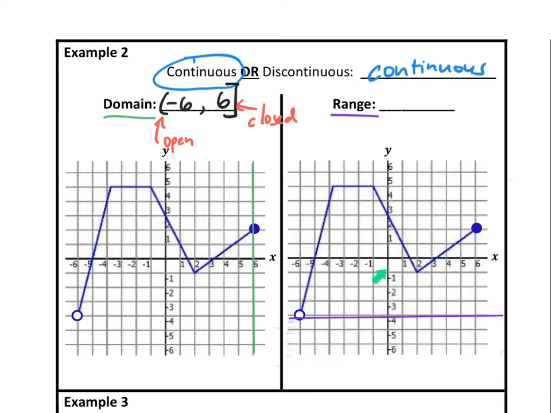Let's check. 1, 2, 3, 4. -4. So my starting point is going to be -4, comma. And we should notice that at -4 at this location, there's an opening. So if it's open, we're going to put parentheses. So we put parentheses because there was an open circle.